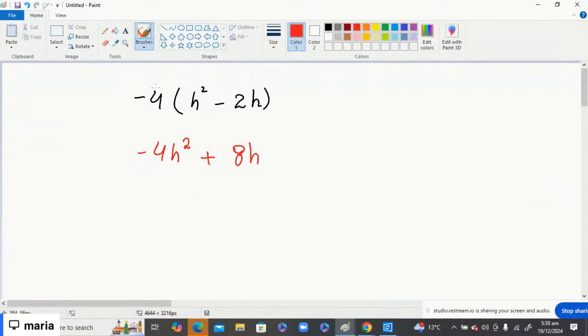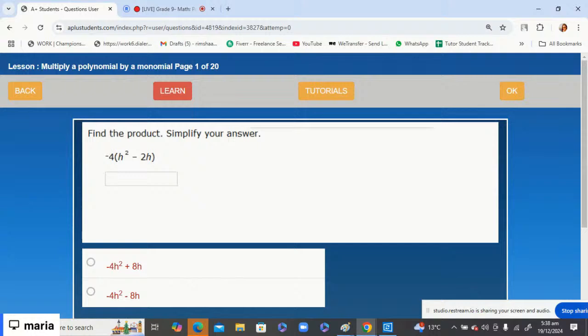Okay, this is the way that you are going to multiply first of all with this one and then with this one. Here is the minus sign as it is. Then minus 4h square, minus minus becomes plus 8h.